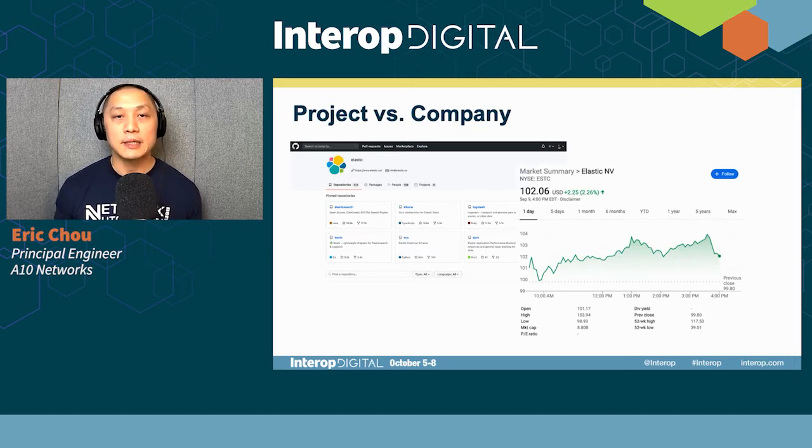The Elastic company was started by the people who started the Elastic project, but the products themselves are not commercial. The company makes money by offering support, consulting, training, and so on. But the Elastic project is free as in freedom, free for people to use, to contribute to, and open source.